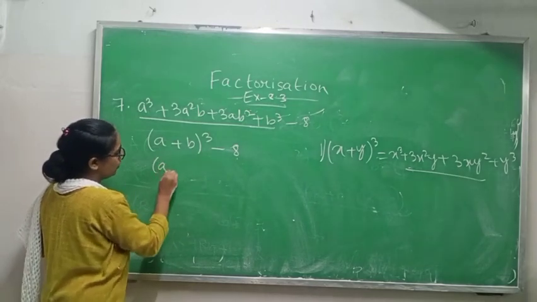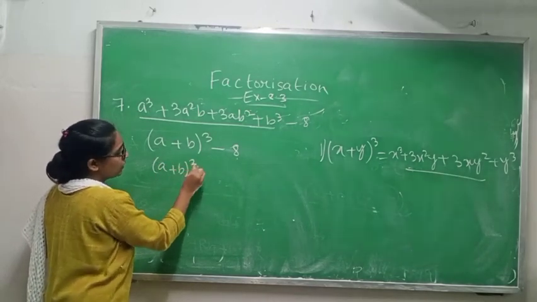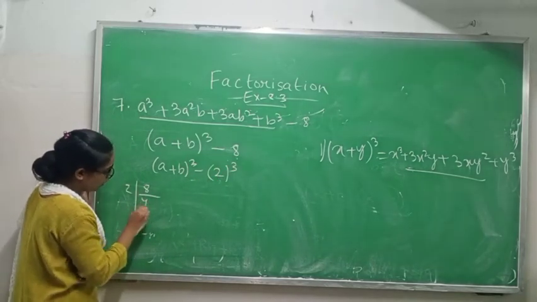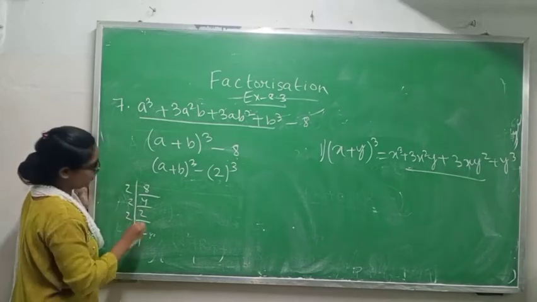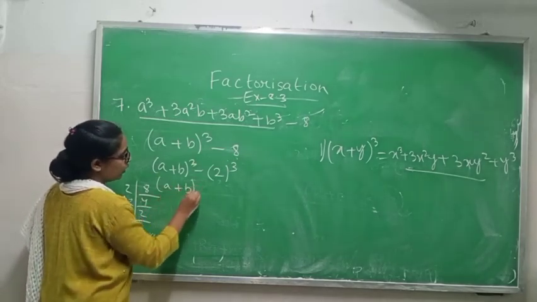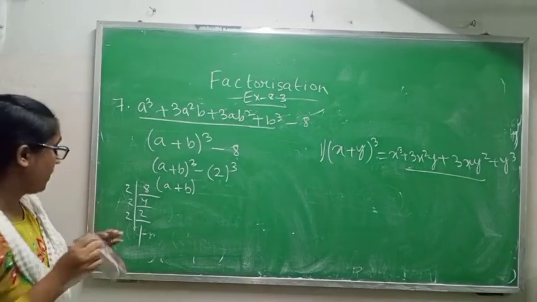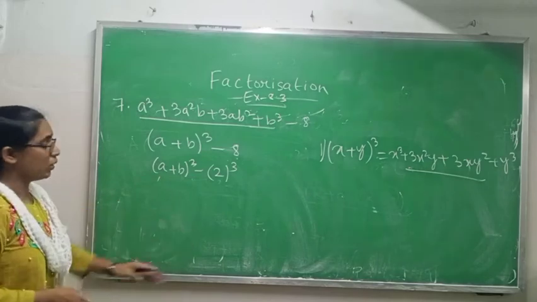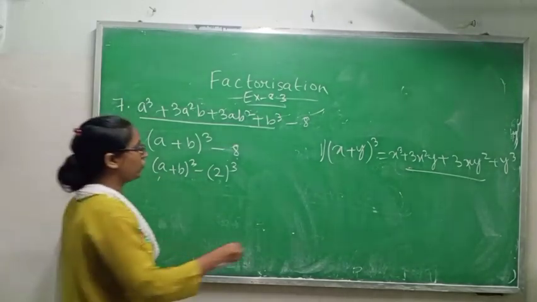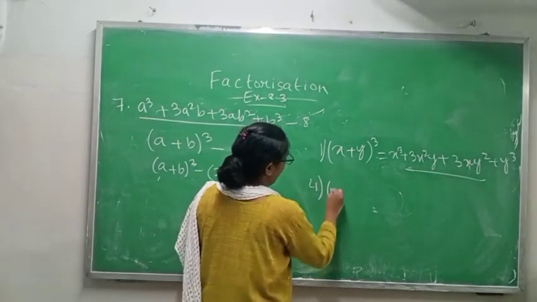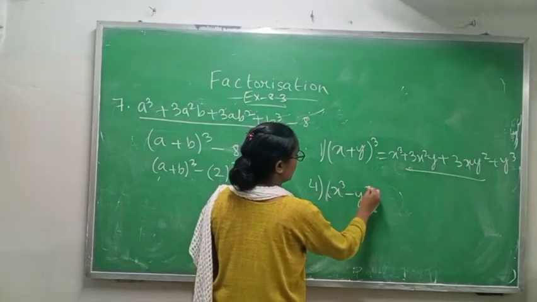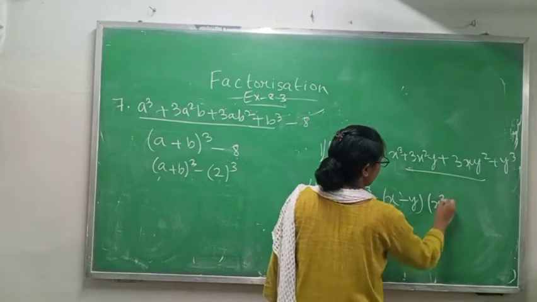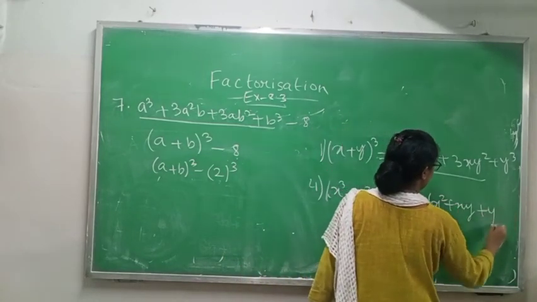Now you know, when you take the cube root of 8, you will get 2, because 2 fours are 8, 2 twos are 4, 2 ones are 2. That is why in place of 8 I am writing 2 whole cube. Now you can see the formula of x cube minus y cube, formula number 4. x cube minus y cube formula is x minus y, x square plus xy plus y square.